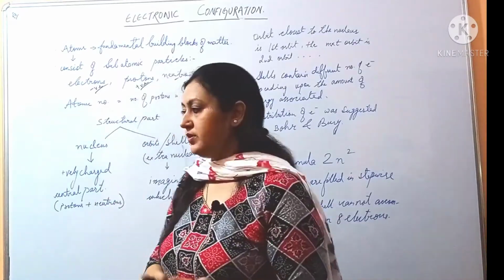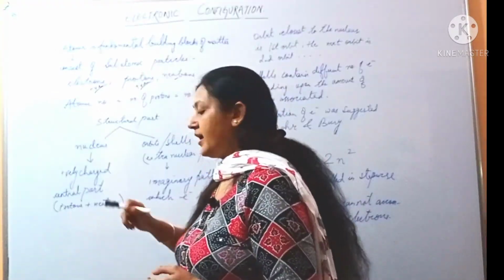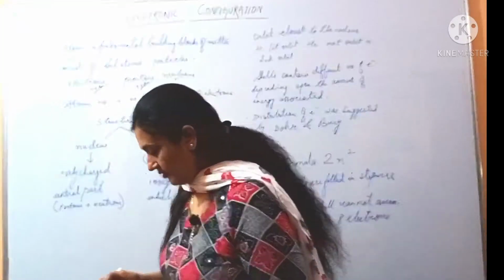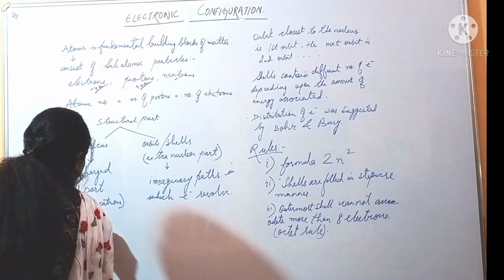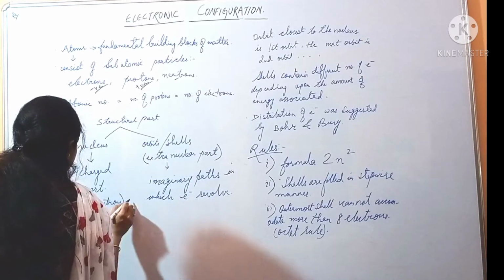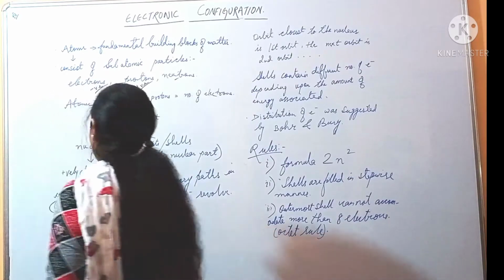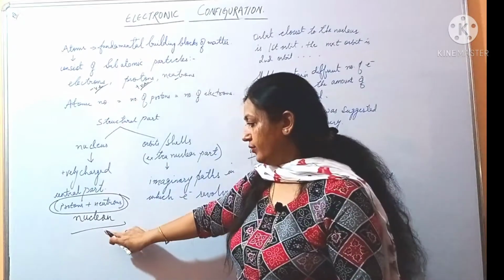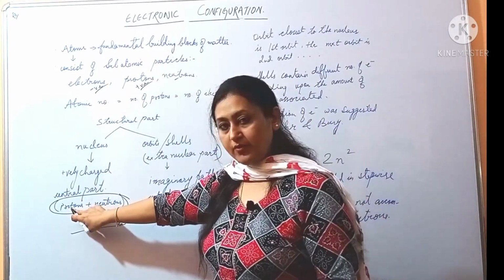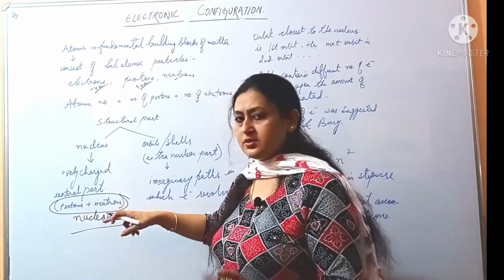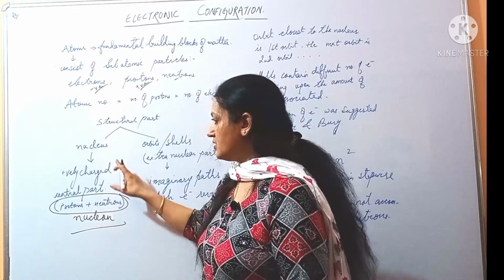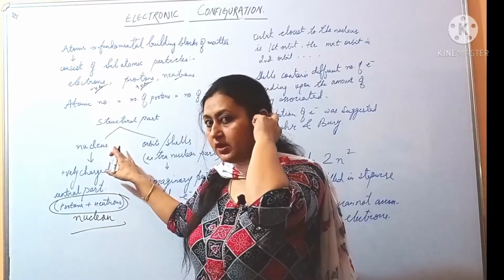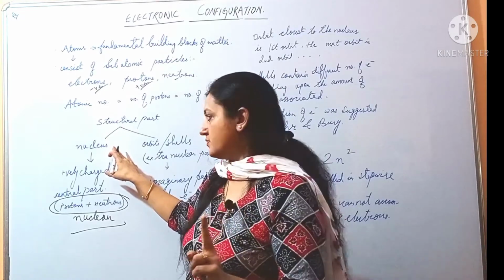Because nucleus contains protons and neutrons, and together they are called nucleons. Now, since protons have positive charge and neutrons are neutral, they don't have any charge, both protons and neutrons are placed inside the nucleus, giving the nucleus an overall positive charge.